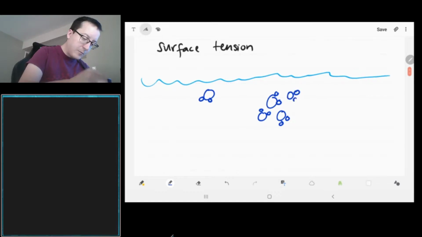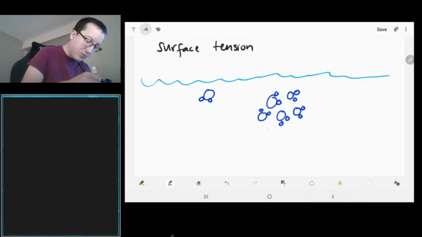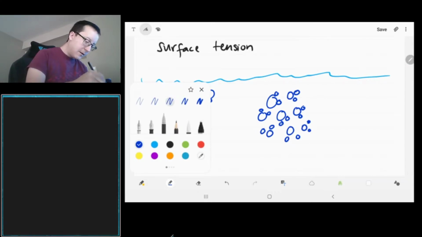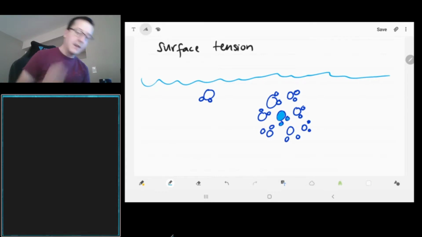And so we're going to see that because of this, a particular water molecule, let me just keep drawing them because we need more, right? How about another one over here and one more? That's good enough.